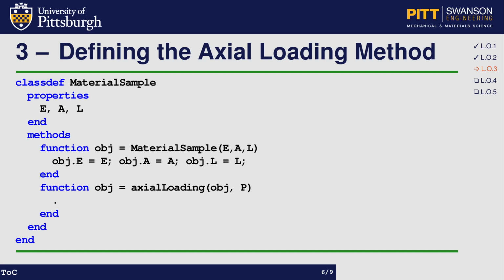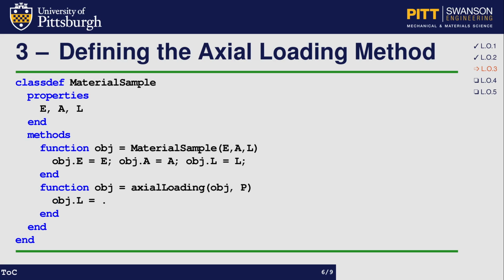Then the second function is one to apply axial loading to the material sample, which in its definition takes the object itself as an argument as well as P to represent an applied load. Passing the object itself using the obj keyword is necessary to ensure that the function is able to access and change the properties of the object, which will be necessary for this function because the object's length will change.